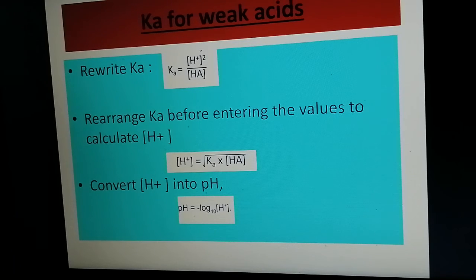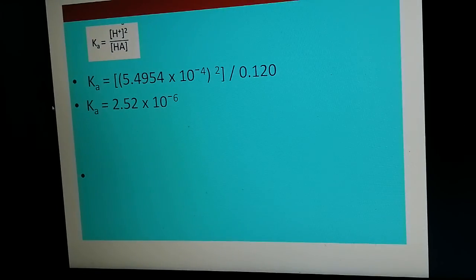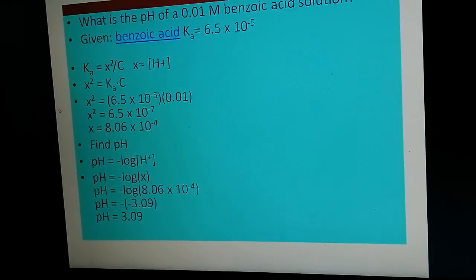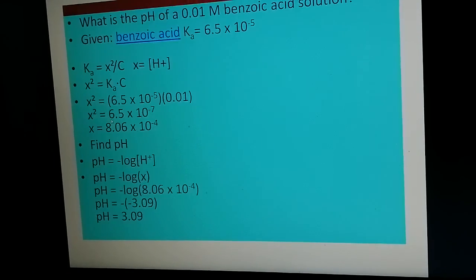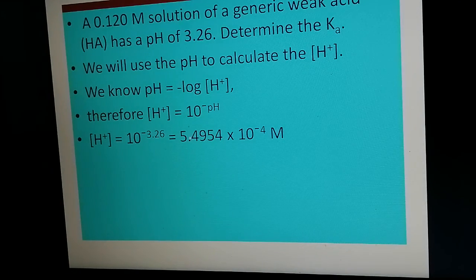We have already done this in the beginning classes of this chapter. How will you find H plus? H plus is equal to 10 raised to minus pH. The pH is given, that is 3.26, so we can easily find H plus, 10 raised to minus 3.26.